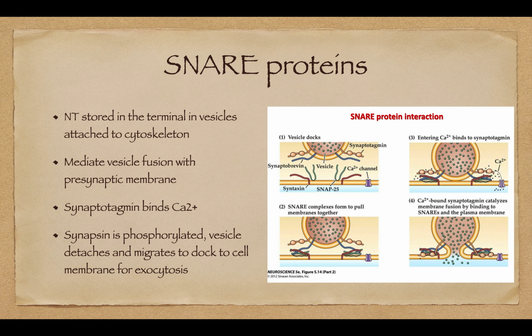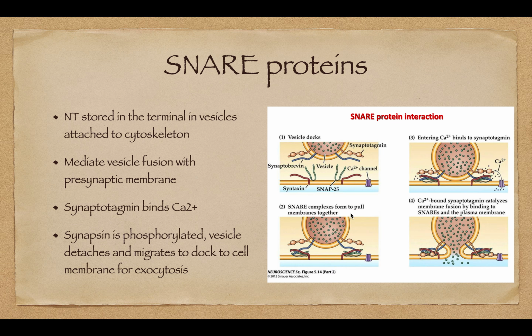So the SNARE proteins: the neurotransmitters are going to be in the terminal, in vesicles attached to the cytoskeleton, and the SNARE proteins will mediate the fusion of the vesicle that contains all these neurotransmitters to the presynaptic membrane. And then a protein called synaptotagmin binds calcium from the calcium channel, allowing it to come out.